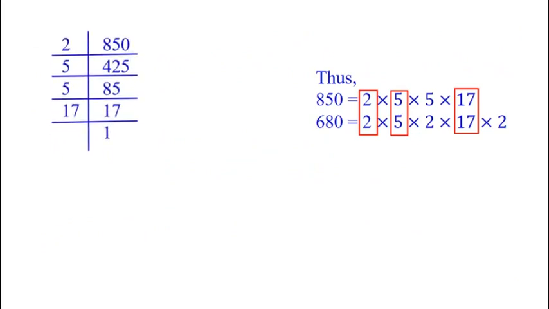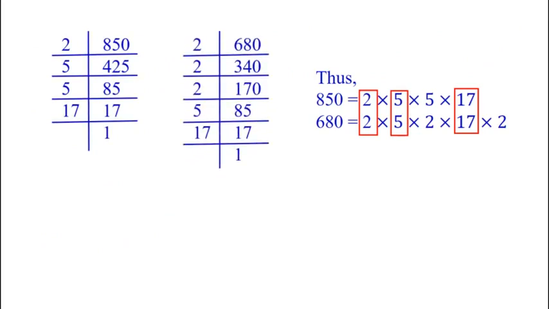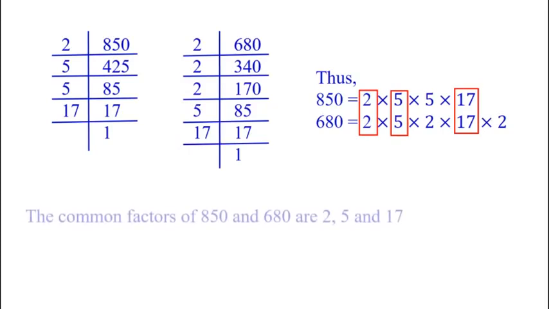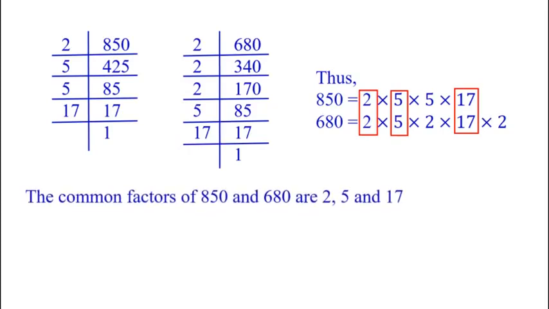So, the prime factorization of 850 is like this. Then the prime factorization of 680 is like this. The prime factorization of 850 is equal to 2 into 5 into 5 into 17. 680 is equal to 2 into 5 into 2 into 17 into 2.